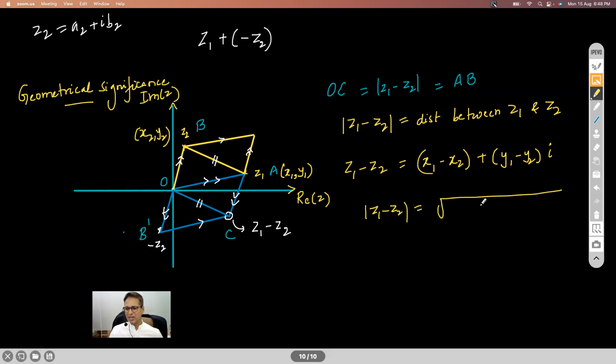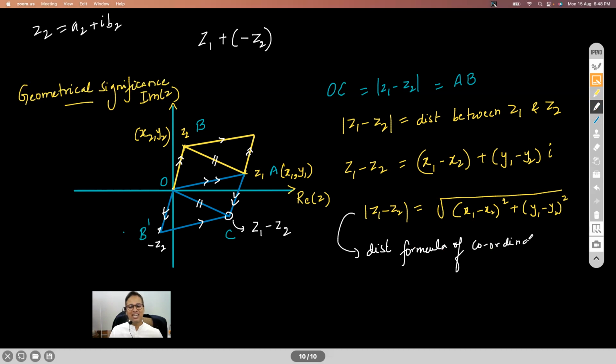You will take the square of the real part, square of the imaginary part, and take an under root. Isn't this the famous distance formula that you have learned in coordinate geometry? That's the reason why I told you, in complex numbers, you will realize that there is a flavor of coordinate geometry as well as vectors. Clear? Any questions?